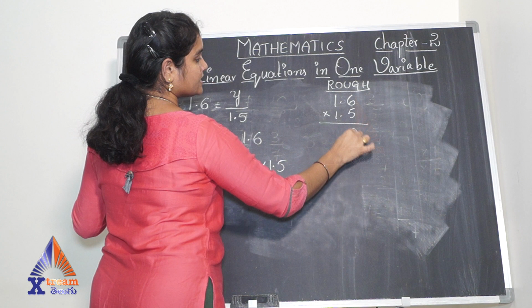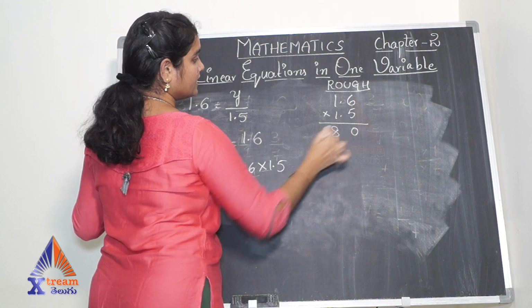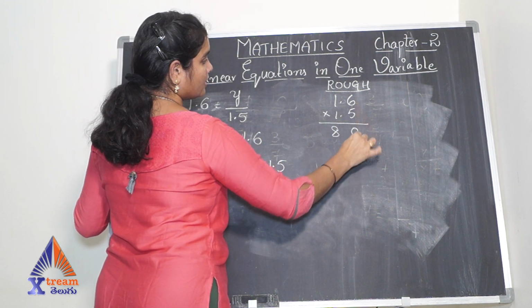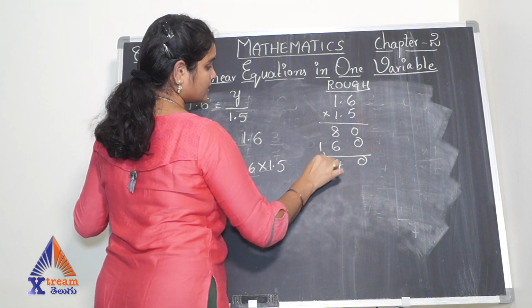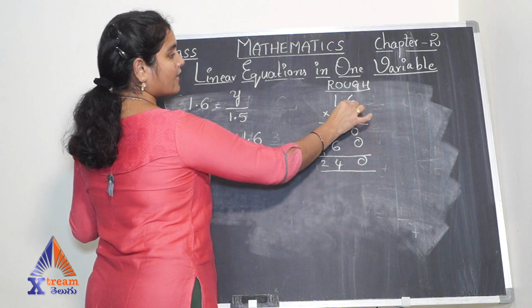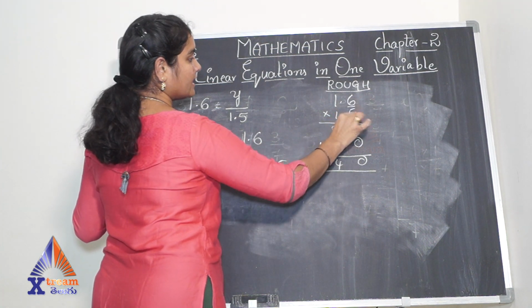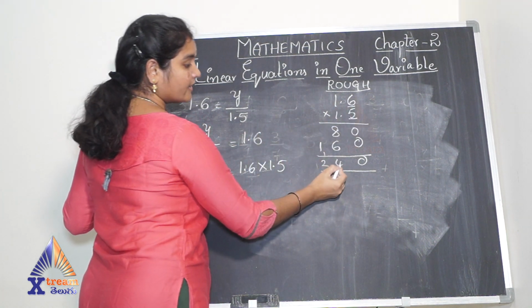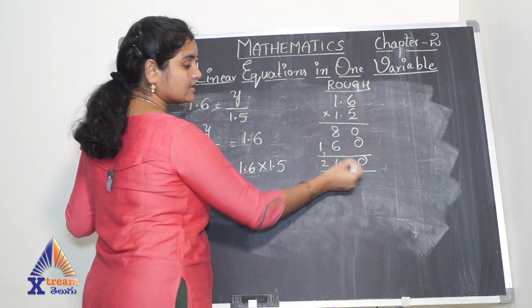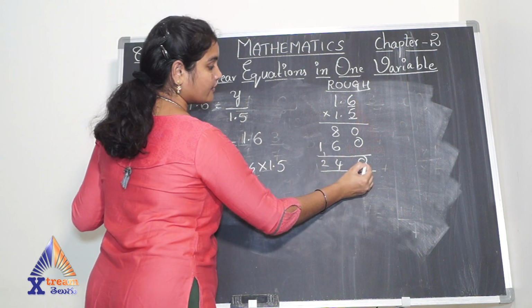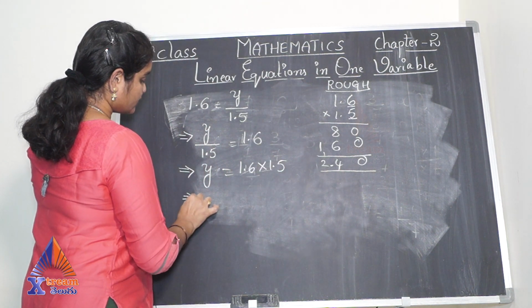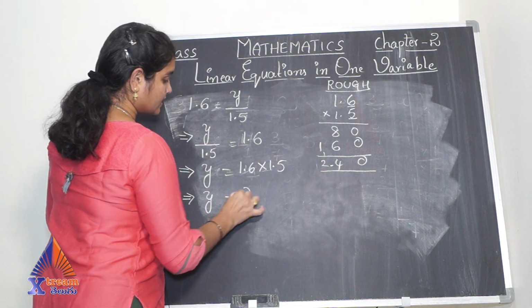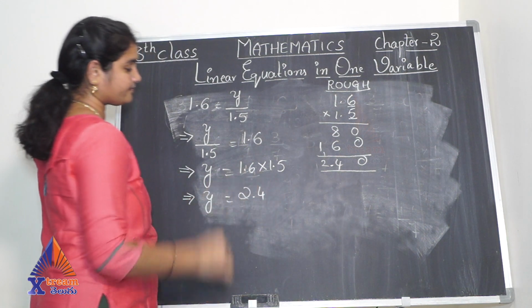So we have one decimal place in the first number and one decimal place in the second number, so for our product we should have two decimal places. So from here we count 1 and 2, and we get 2.4. So the y value is 2.4.